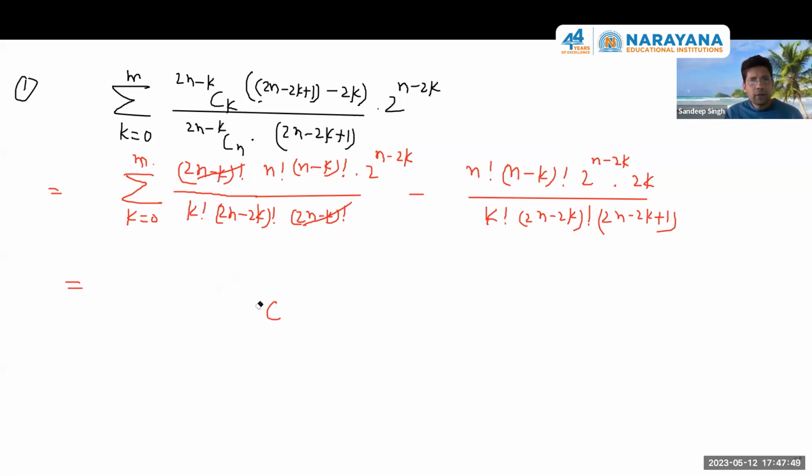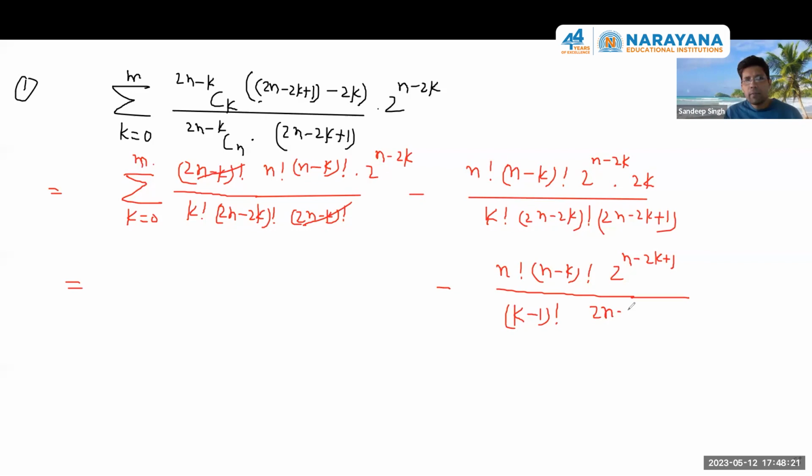So if this is, let us say, v of n, so how will we observe this? Minus. So this is going to be n factorial, n minus k factorial. Okay, let me cancel k in the numerator and the denominator, k factorial. Please keep on checking. Instead of simplifying, let me put it in this manner only. And k factorial will get cancelled. So I will write this as k minus 1 factorial and 2n minus 2k plus 1 factorial.